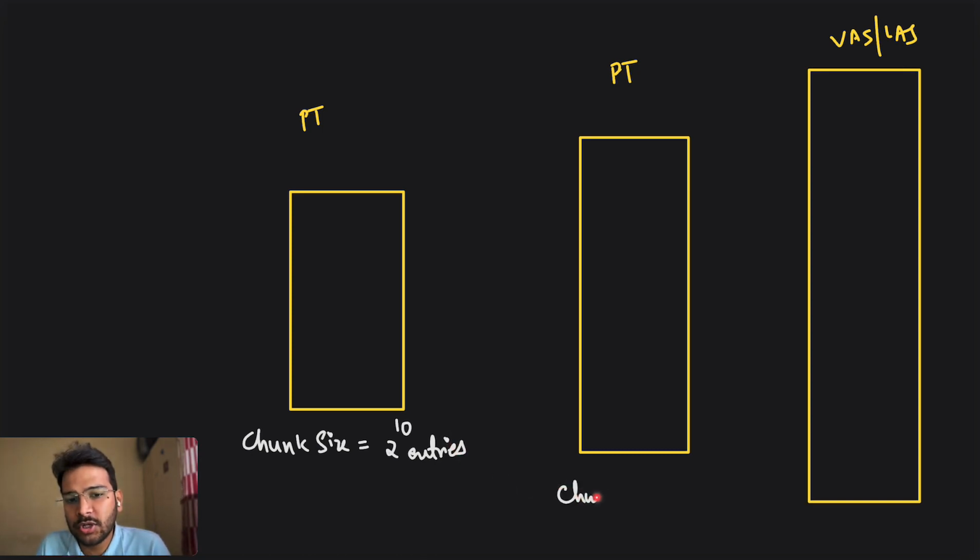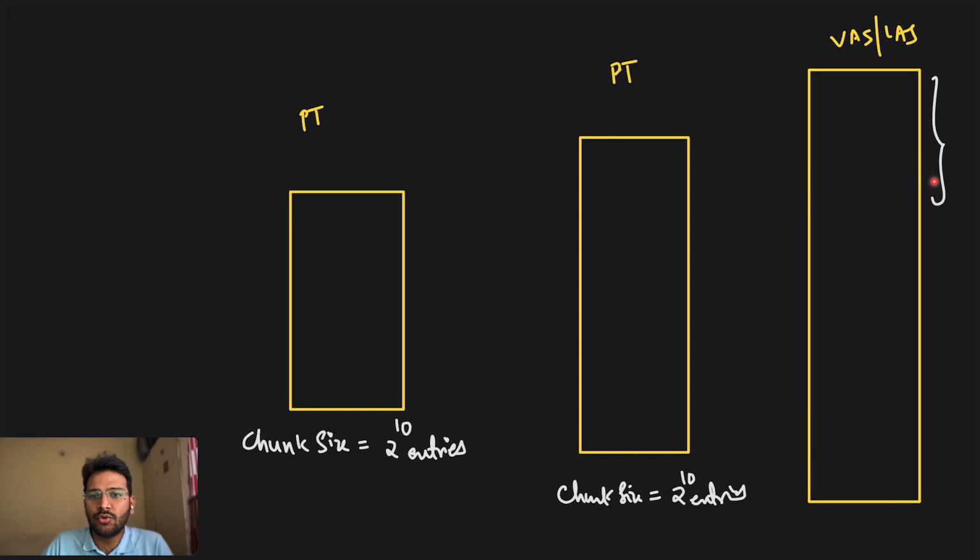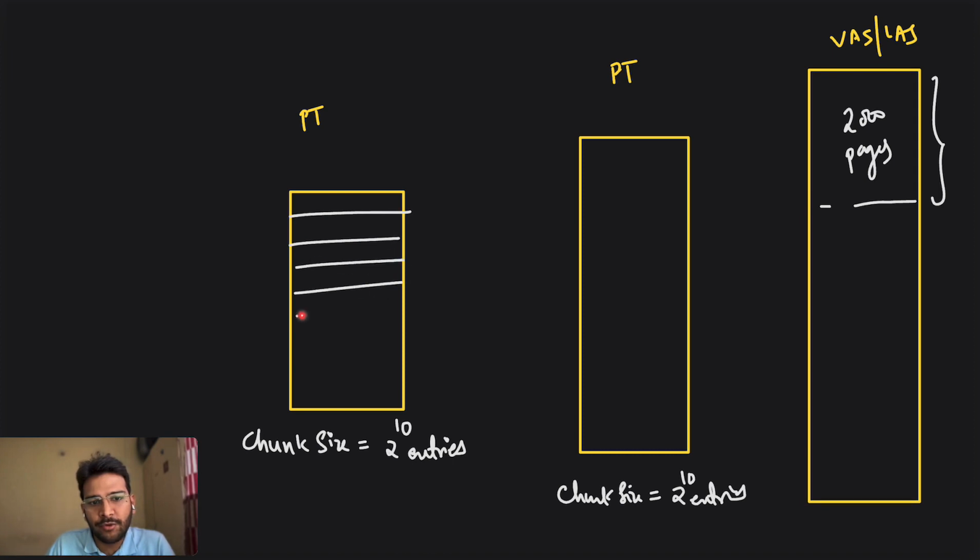And here also the chunk size is 2 raised to the power 10 entries, right? Now I have these 2000 unique pages, so 2000 entries would be there. I know that at the outermost level, this is 1 chunk only, right? This is 1 chunk.